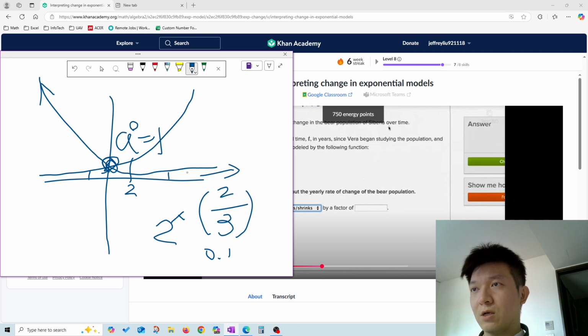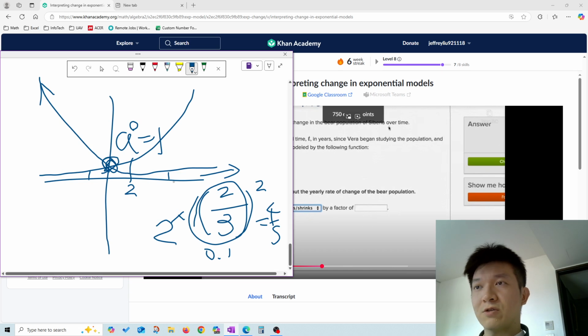You're shrinking right here. If you have, let's say, a 9 and a 4, it's less than the original factor. You're getting closer to 0, but you never touch 0 because the x-axis is your asymptote.